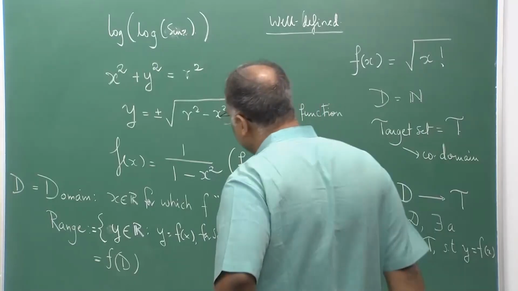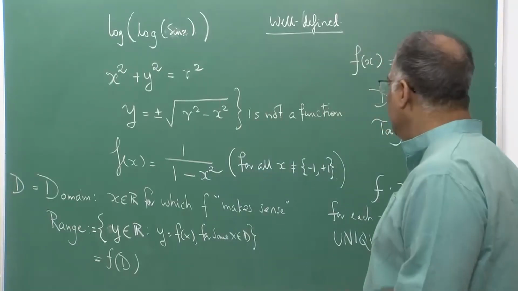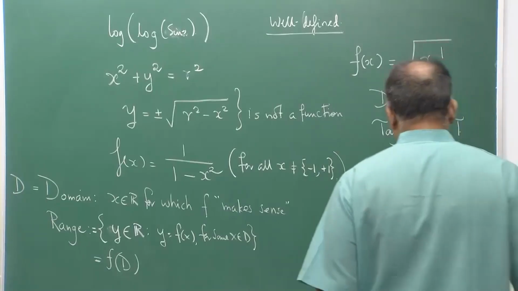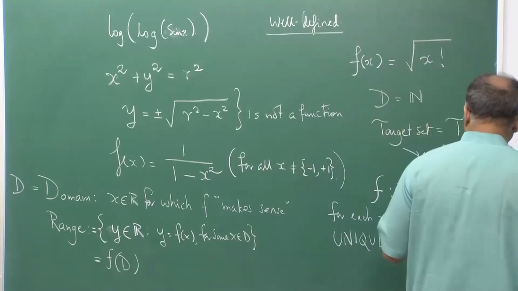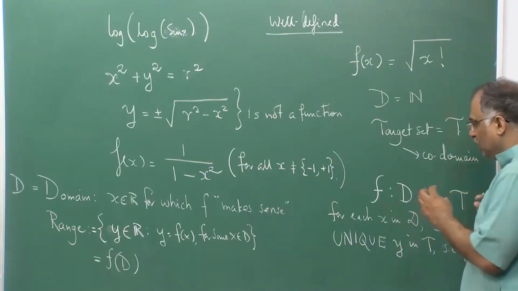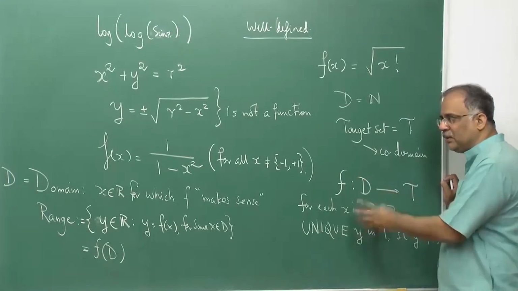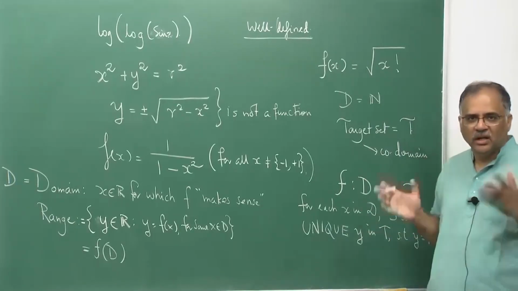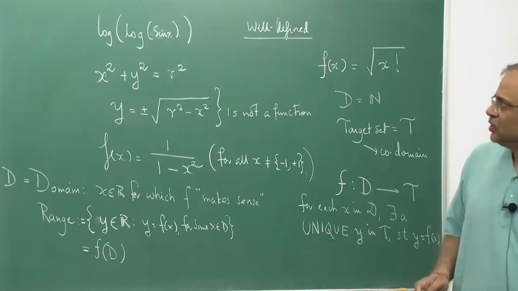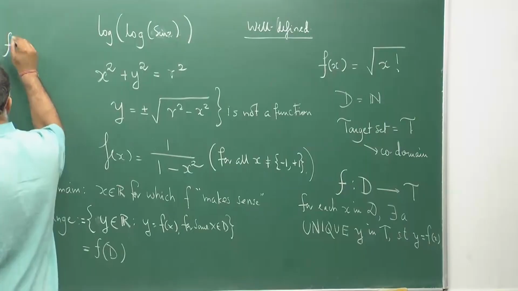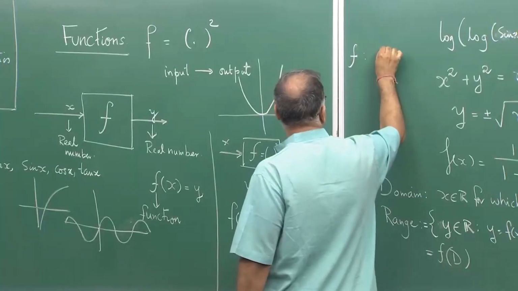Okay. Now, once we talk about a domain and a range, you might get a feeling that we are just talking about two sets. We need not bother about whether this domain comes from the real number set or whether this target comes from the real number set. So, a function f in general can be defined as a rule.